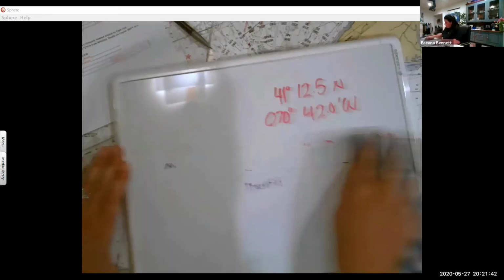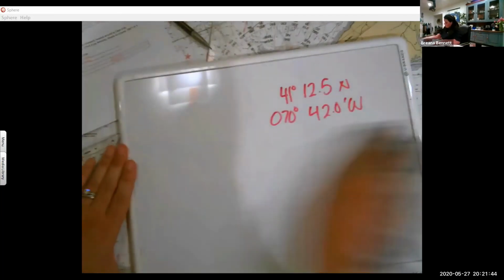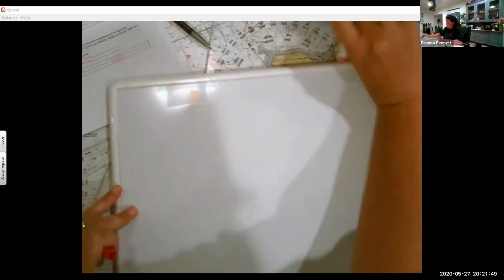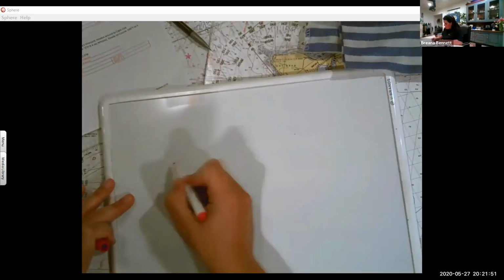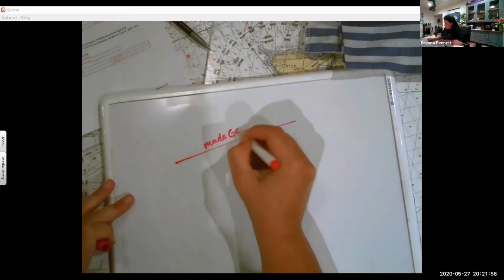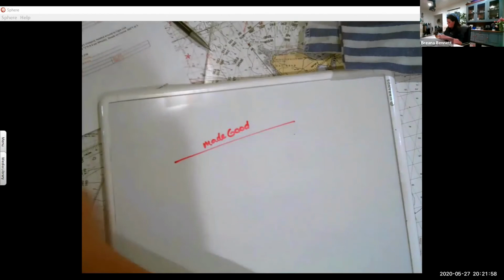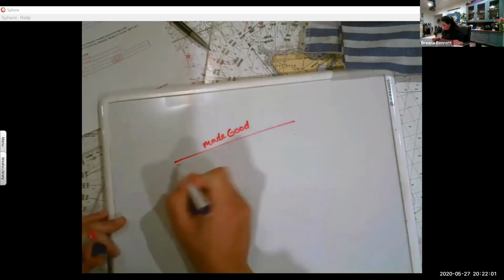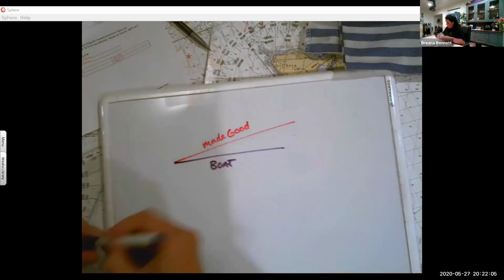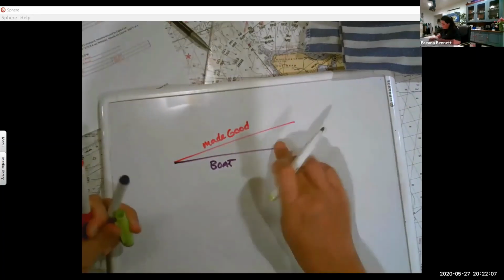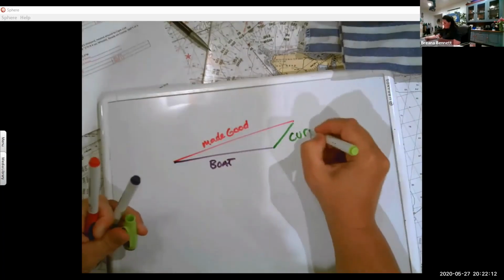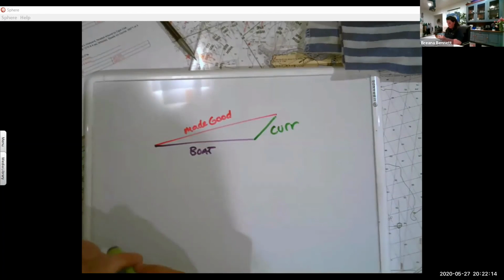let me erase this. What happens when our triangle turns to a, so this was our made good. Just gonna stretch it out a little bit here. More simpler triangle, right?